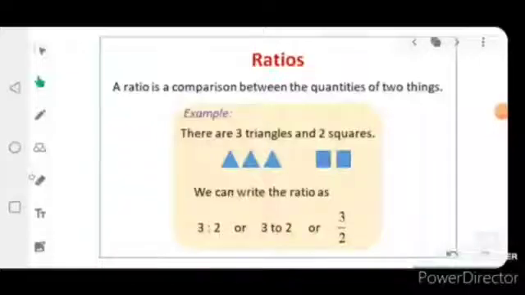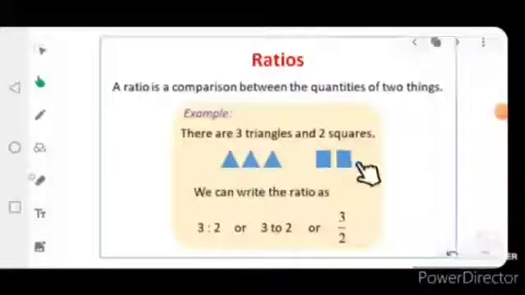Here an example is given. There are three triangles. How many triangles? Three triangles. And how many squares? Two squares here in this example. Three triangles and two squares are given, and we can write the ratio of triangles to squares as 3:2.